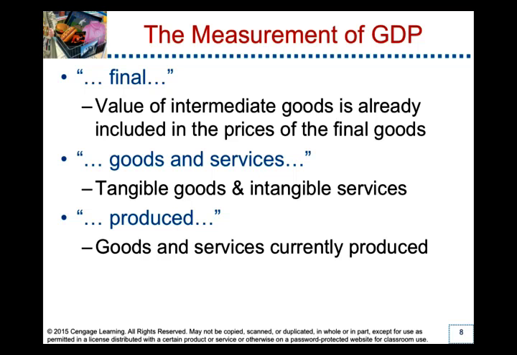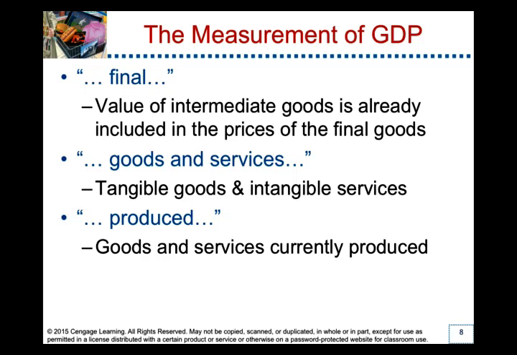Now that flour is then sold to a bakery company, and that bakery company converts it into bread. So that bread, if it is sold to the final consumer who is going to consume that bread, is considered the final good. So when you calculate the GDP, you must make sure that you are adding up the value of the final goods.